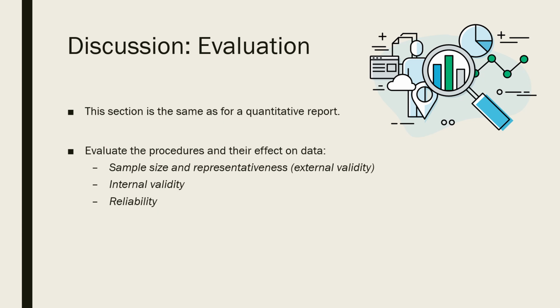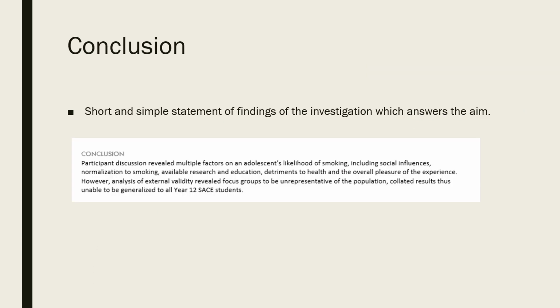Would the results be the same if repeated under similar conditions? Lastly, discuss any relevant ethical considerations about collecting and/or using this data and reaching conclusions from it. Throughout your evaluation, it is also important to suggest improvements to the investigation in terms of the procedure and the sample. The final section is the conclusion.